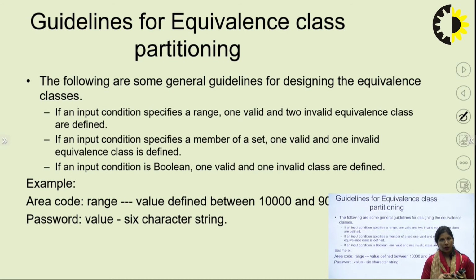Because one valid class covers, say, 0 to 10, all the valid values from 0 to 10. One invalid class is for the lower values, below 0, and the other is for all the upper values above 10. So one valid class will contain 0 to 10, one invalid class will contain values less than 0, and the other will contain values greater than 10.